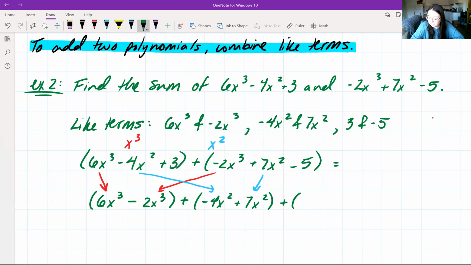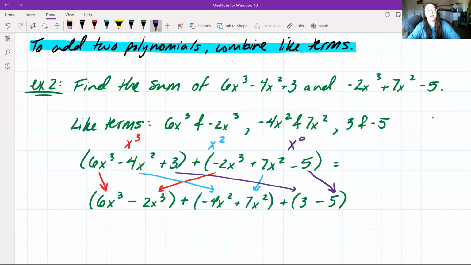So we'll add 3 plus -5, which plus a negative we know is the same thing as subtracting. And we'll mark this as purple. And since they're constants, they're technically x to the power of 0.